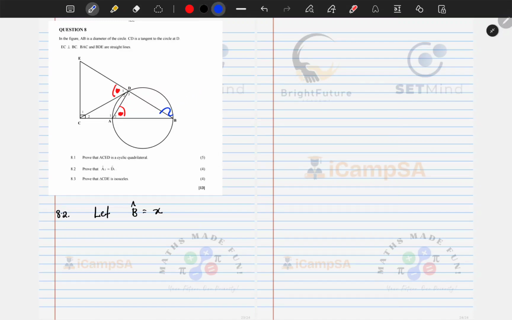So this is the angle that we are talking about, right? It will become X. So if that angle is equal to X, remember your D2 is going to be equal to B, which is going to be equal to X, and your reason is going to be the tan chord.